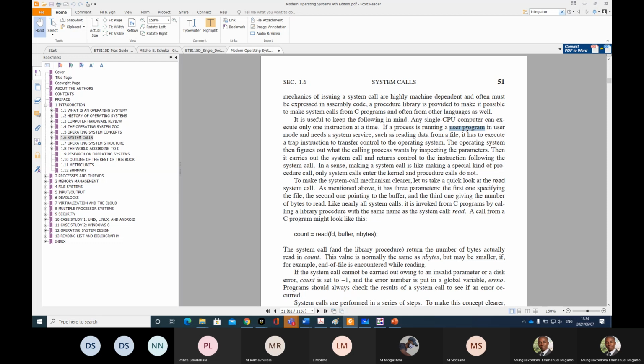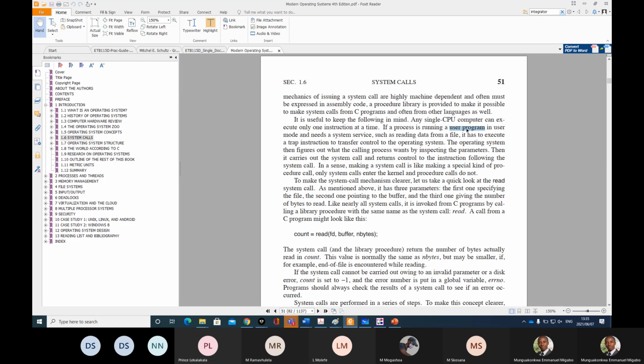The operating system then figures out what the calling process wants by inspecting the parameters. So as the trap instruction is given to the operating system in this automated scenario, it will figure out what should be the system calls in their respective order for the process to execute. And it does this thanks to the parameters that are provided with the trap instruction.